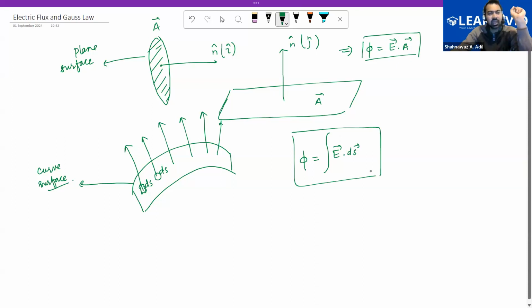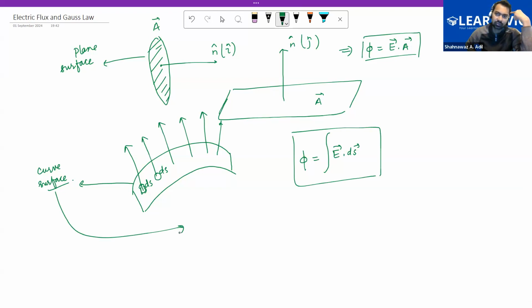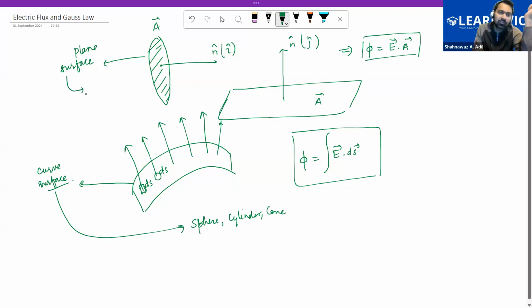And this is the same rule we apply for curved surfaces. What are the curved surfaces? Can you give me an example? Spherical shape. Yeah, so sphere, or let's say cylinder, let's say cone, all these things are curved surfaces, right? Plane surfaces, what are the plane surfaces?